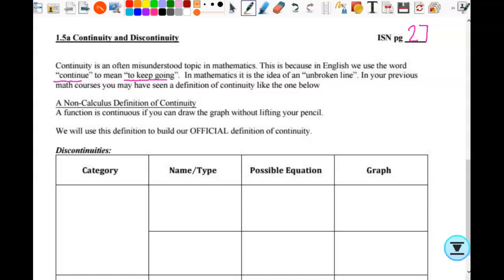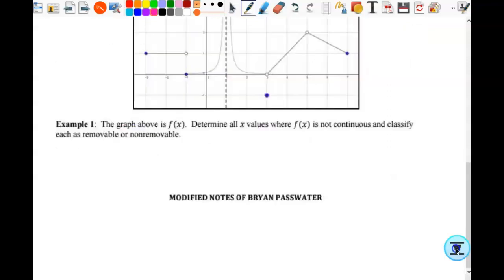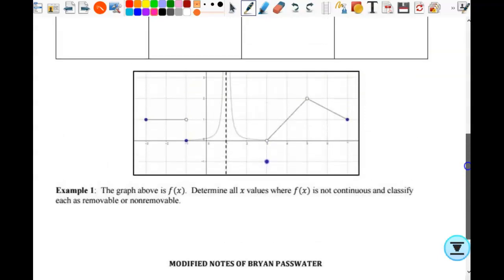A function is continuous if you can draw the graph without lifting your pencil, not the fact that it goes on forever. Because maybe it doesn't go on forever and it can still be continuous, like if it stops at x equals 6 or whatever. So we'll use it to build our official definition as we go along, but let's fill in this chart a little bit.